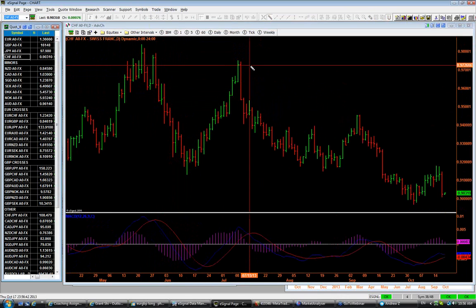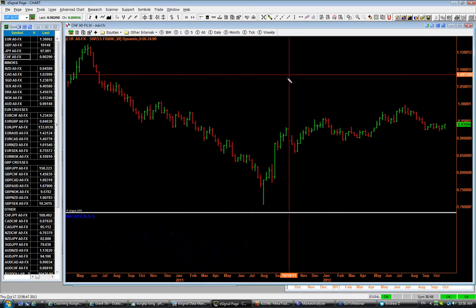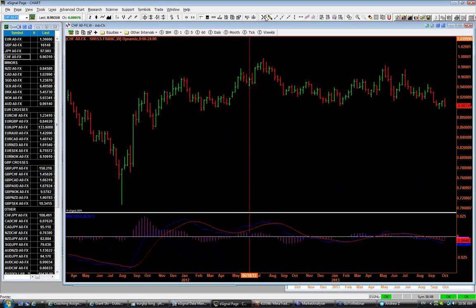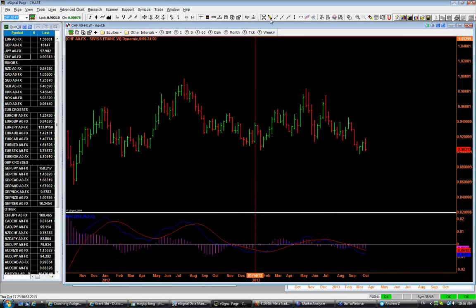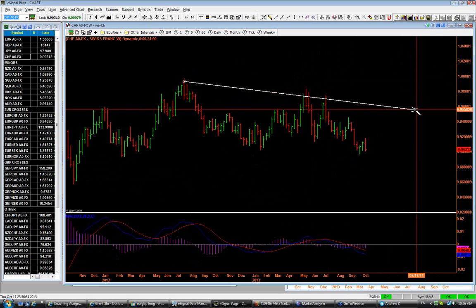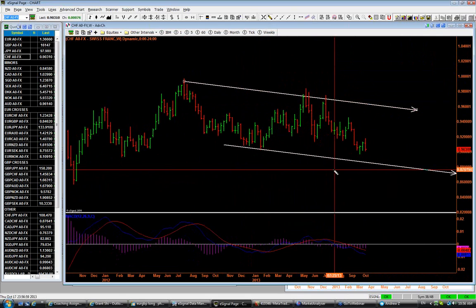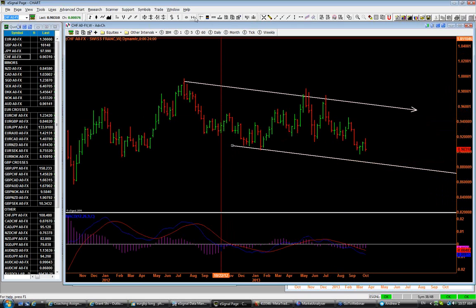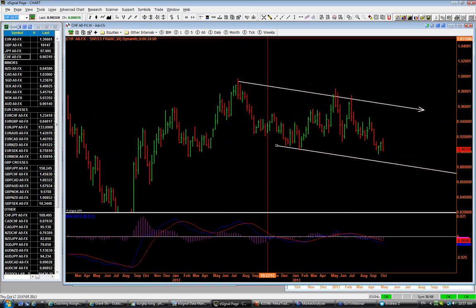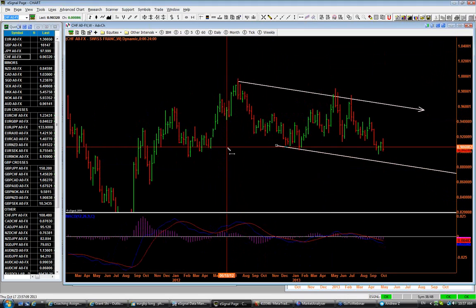Swissy I think is still in the downtrend, right? Probably the support is roughly where the previous support was.